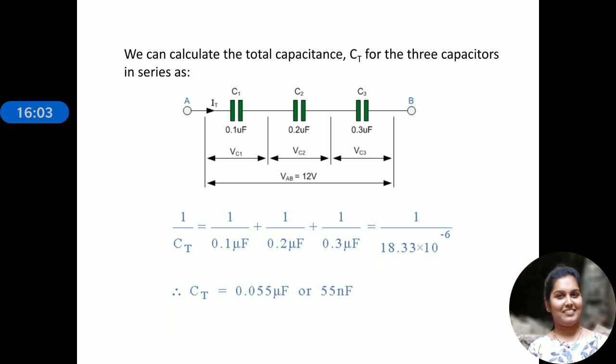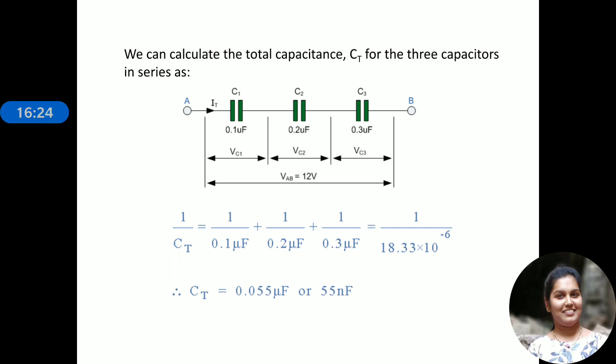If we further simplify, the total capacitance Ct is equal to 0.055 microfarads or 55 nanofarads. Nano means 10 power minus 9, which is smaller than microfarads.